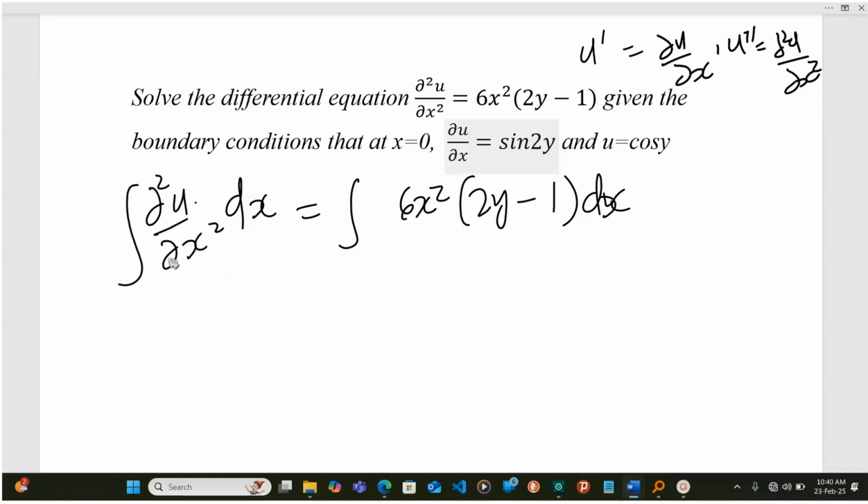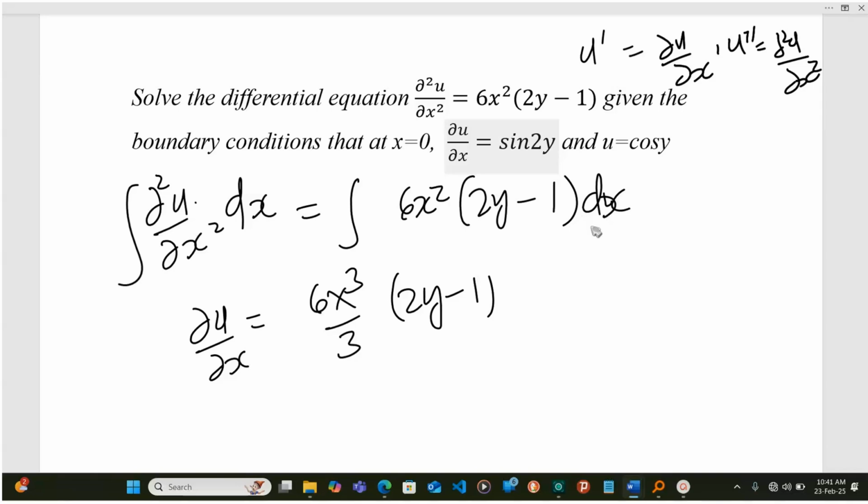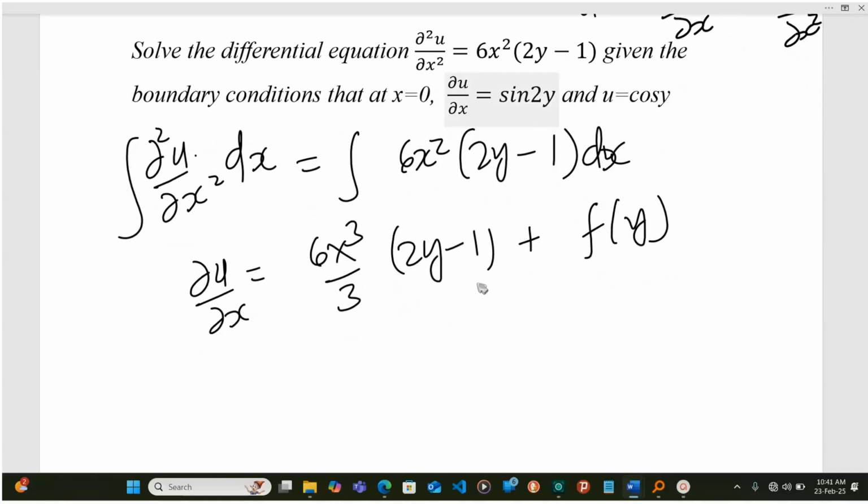So this becomes del u del x, and this is going to be 6x cubed divided by 3 into (2y minus 1). Since we are integrating with respect to x, we shall have a y somewhere. So we shall have f of y as part of the constant of integration. Now we are told that del u del x is equal to sine 2y when x is equal to 0.